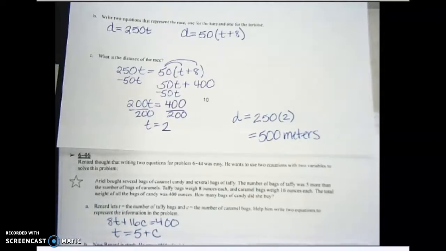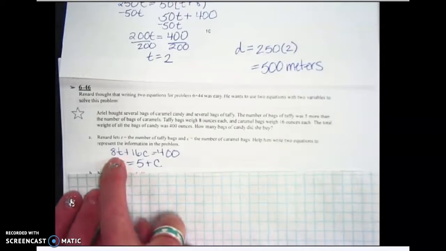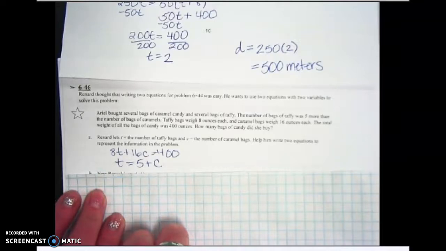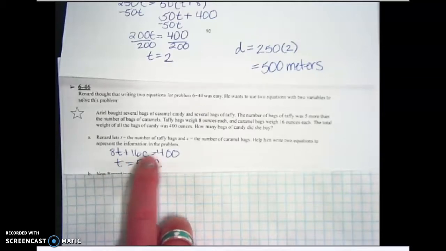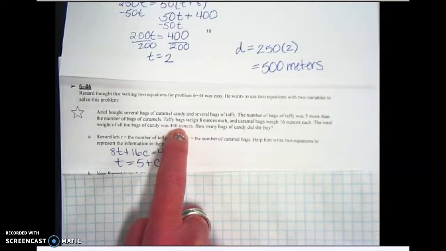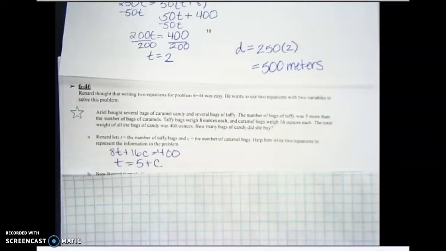So we need 2 equations. The first one has to do with how many ounces they weigh. So the taffy weighs how much? 8 ounces, so we're going to say 8T. How much does the caramel weigh? 16. So we're going to say 16C. Together, they tell us that the bags of candy was how many ounces? 400. So it's going to be equal to the 400. That's your first equation.